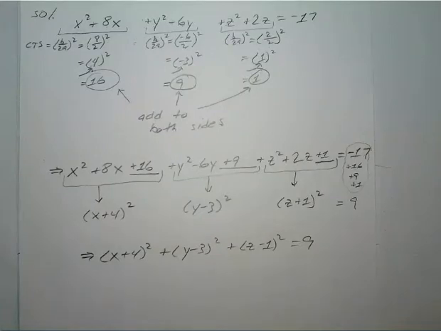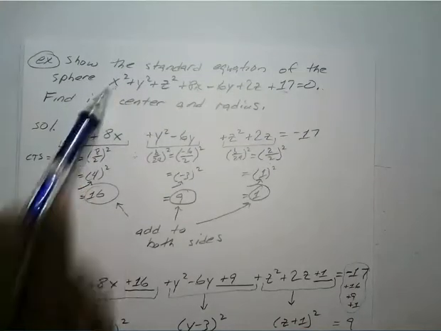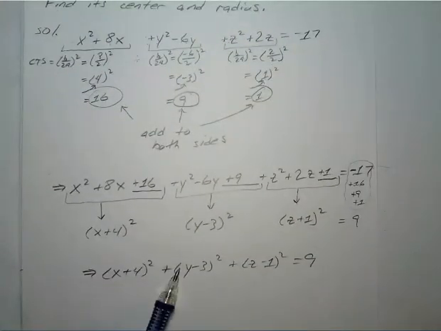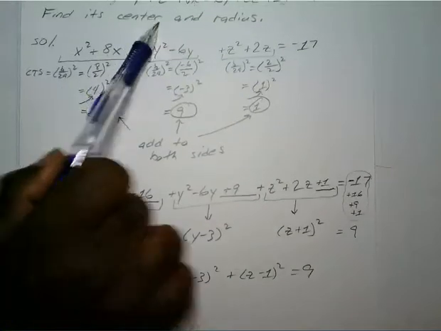Okay, so we have our standard equation. They started with the general equation. Now we have our standard equation. Okay, but we're not done because we still have to find the center and the radius.